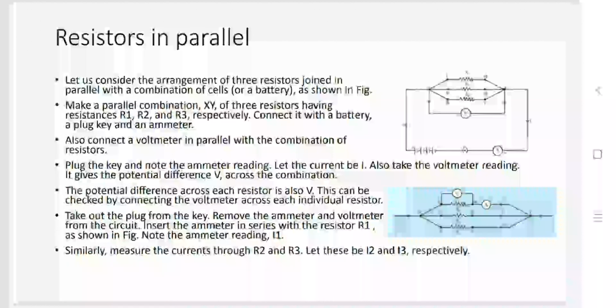We consider I1 current flowing through R1, I2 current flowing through R2, I3 current flowing through R3. But at point Y, all three currents are merged and flow through the ammeter. So in the first diagram, whatever current is measured by the ammeter is my total current I.